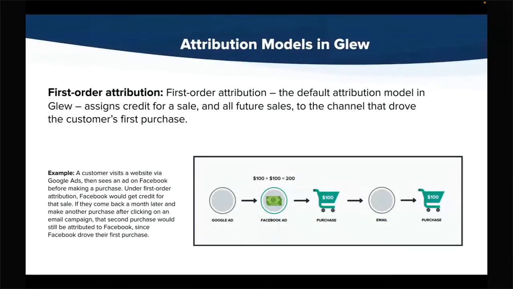Because I can go in and look at an attribution model and say, okay, great, I made this much money, I'm getting conversions, great. But maybe I want to understand, hey, I'm spending $10,000 a month on Facebook. I go into Glew, I pull up my LTV on my performance overview chart, and I see that my LTV for Facebook is very mirrored to or less than my LTV of my overall store, which would be in customers' lifetime value.